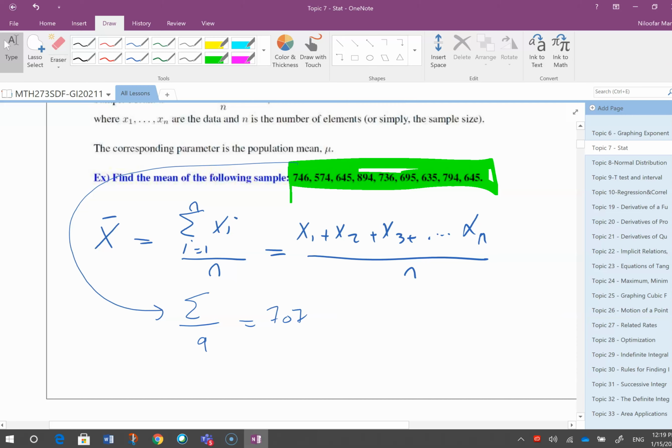Yes, this is it, and I round it to 707. Why? Because I want the number of significant digits to be the same as the number of significant digits in the data. So that's 707.